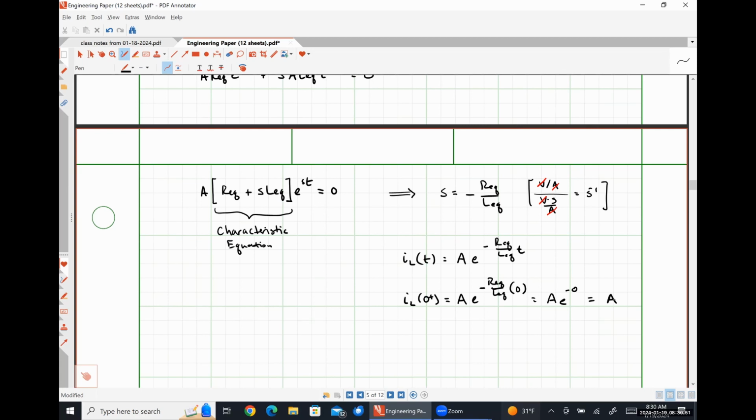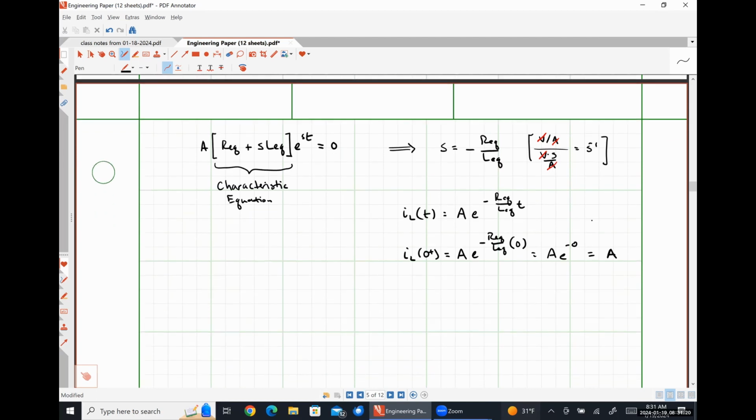Well, conveniently enough for us, we know that the current flowing through an inductor cannot change abruptly, which means whatever current it had at 0-, which we can absolutely determine using circuit analysis techniques, is going to be the current it has at 0+. See how everything's tying together from what we were talking about before, okay? So we now have literally everything we need to analyze any first order RL circuit, okay?